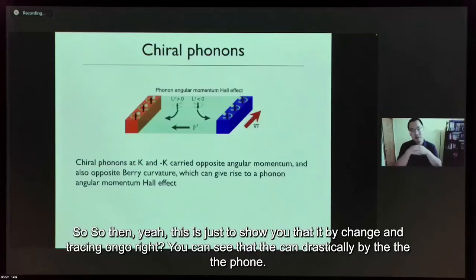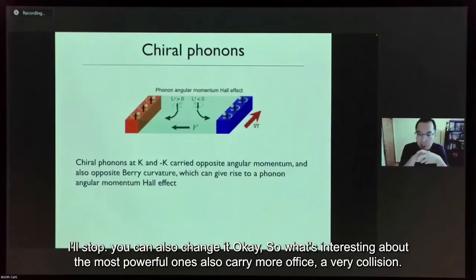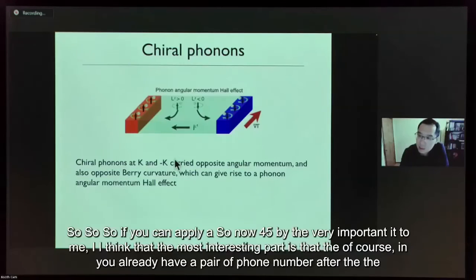What's interesting about those chiral phonons is that they carry opposite angular momentum and also opposite Berry curvature. So if you apply a temperature gradient, that gives you a phonon angular momentum Hall effect. But more importantly to me, the most interesting part is that in TMDs or in boron nitride, you already have chiral phonons at the original K point of the Brillouin zone.